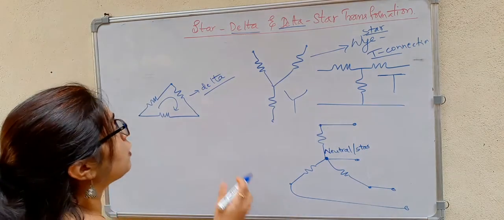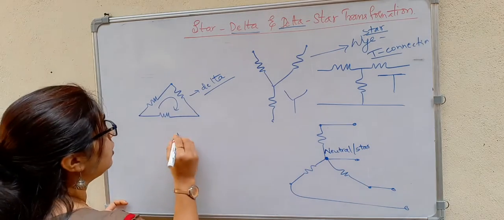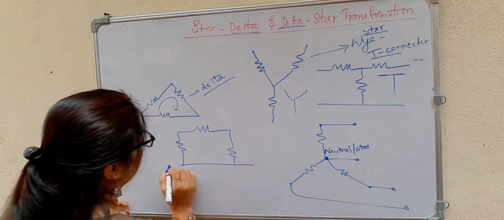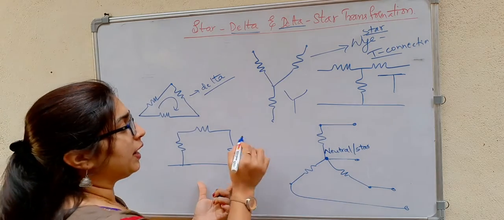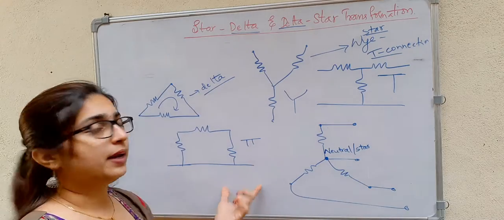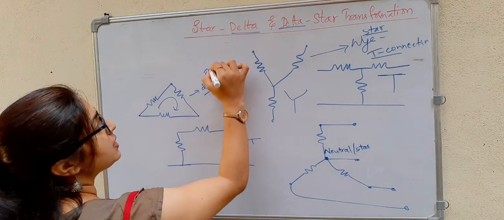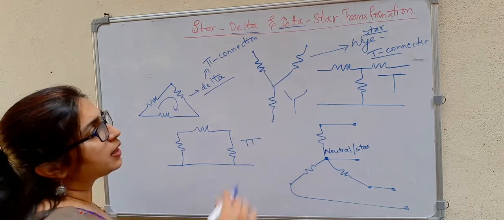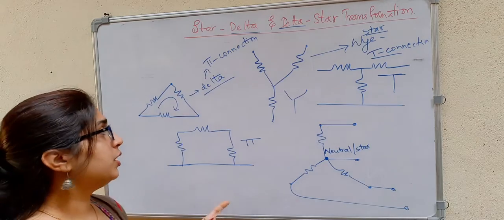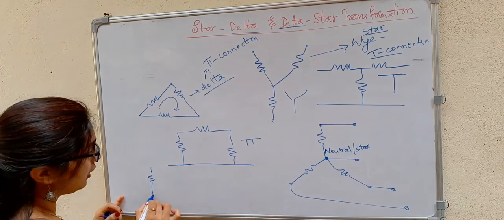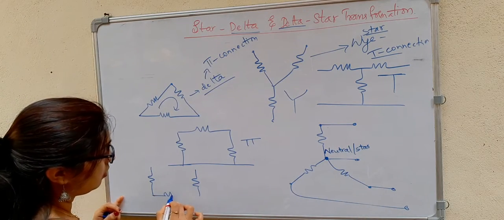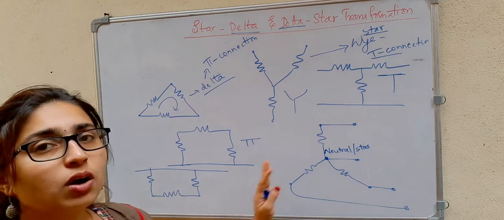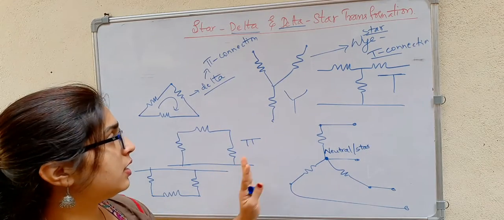And in networks, you can also see this in this form. This is similar to pi, right? So this is also called pi connection. This is T connection, this is pi connection. We can also see it in the networks like this. So this is all about your delta and star connection.